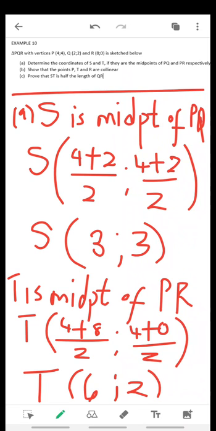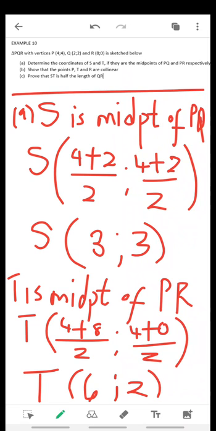I forgot to sketch it, but I hope there at home you are going to sketch it on a Cartesian plane, right? Please do that. Now, determine the coordinates of S and T if they are the midpoints of PQ and PR respectively. Pay attention to the word respectively.